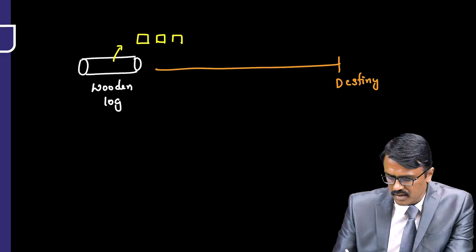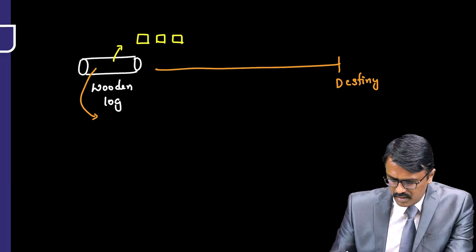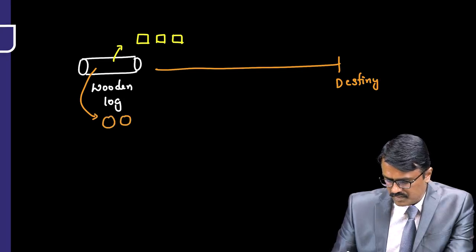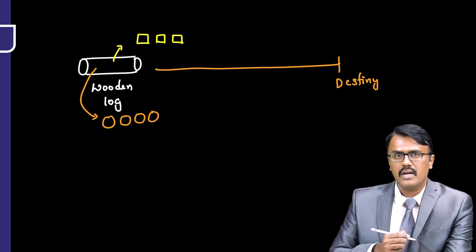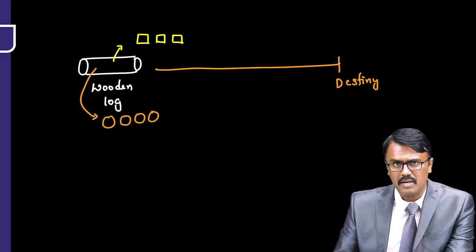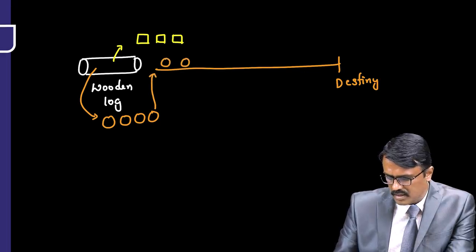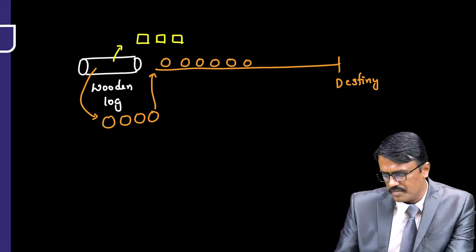One more person comes with the idea, we will cut the wooden log in the shape of this. Now who can reach earlier? Will the wooden log itself reach earlier? No. Will the square or rectangular type reach earlier? No. If it is circular, it can easily reach the destination faster.